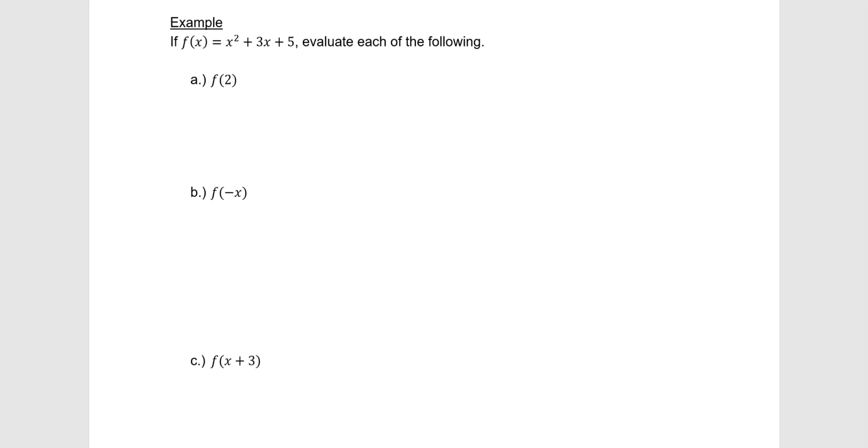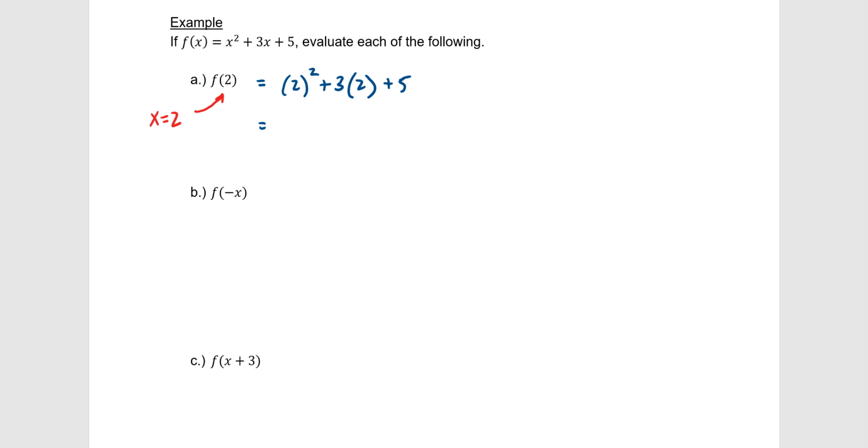Okay, so let's start by evaluating these. So let's say we have the function f of x, which is x squared plus 3x plus 5, and we want to evaluate the following. First one, we want to find f of 2. So what this means is that we want to evaluate f of x when x equals 2. So what this means is that we're plugging in a 2 everywhere there's an x. So it's going to become 2 squared plus 3 times 2 plus 5.